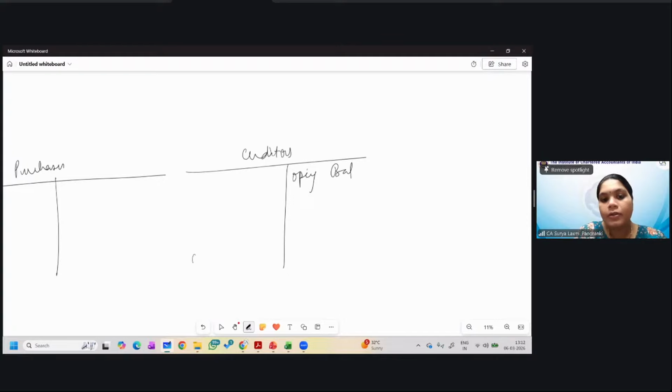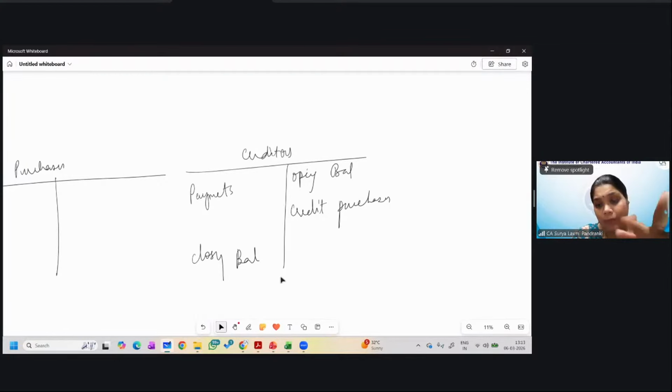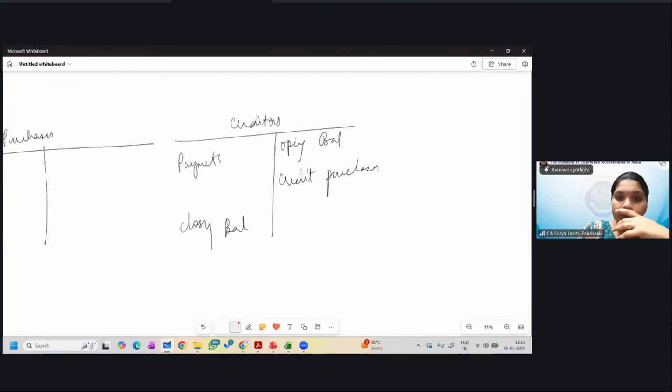Opening balance, closing balance, and any credit purchases, not the cash purchases. If any payment is done to the supplier, even that is also included. These are major things that will be included in your creditors account, right?